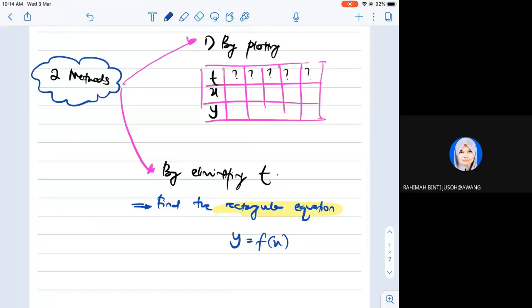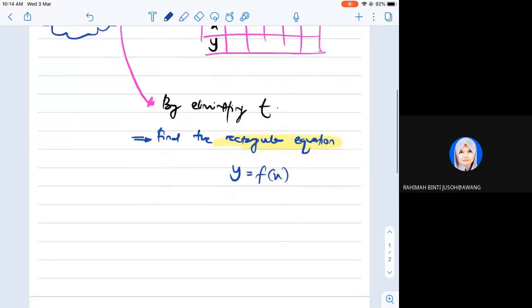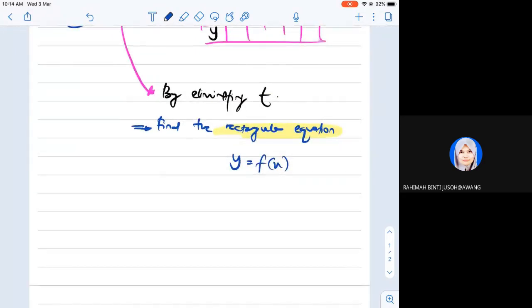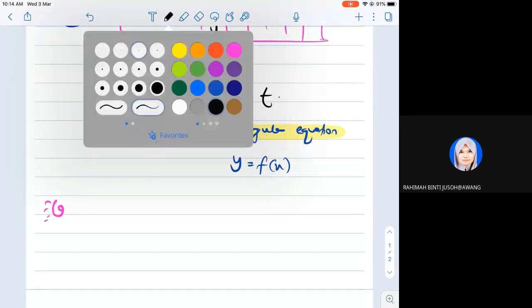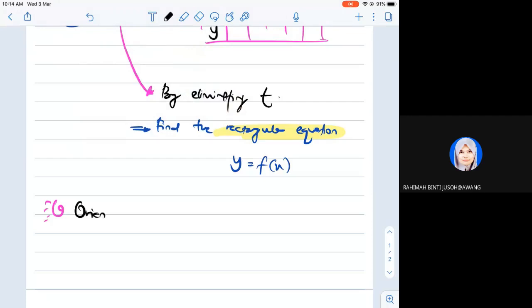Next, what you need to know in this subtopic is you also need to know orientation. What does orientation mean?